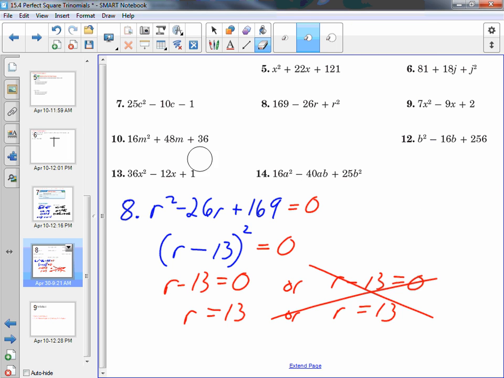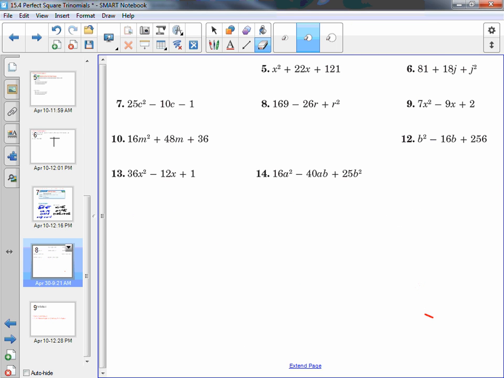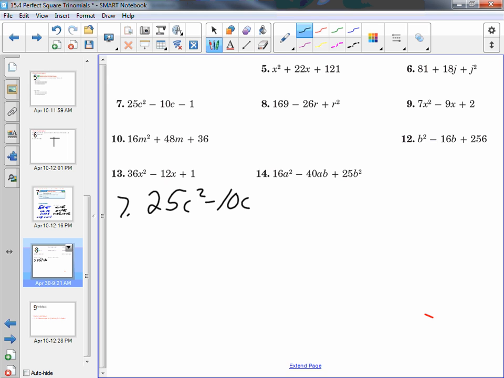All right, let's look at number 7. On number 7, we have 25c squared minus 10c minus 1. Is this a perfect square trinomial? Is our first term, 25c squared, a perfect square? Yeah, it's 5c squared. Is our last term, negative 1, a perfect square?